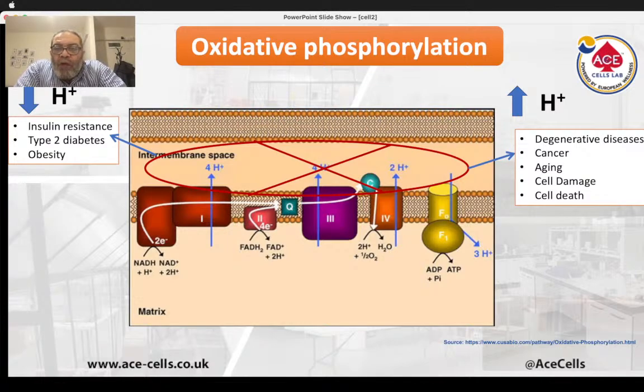If it is more, it will lead to degenerative diseases. If there is hyperfunction of the mitochondria, there will be degenerative diseases. This will promote cancer. This will hasten aging. This will lead to cell damage and subsequently cell death.